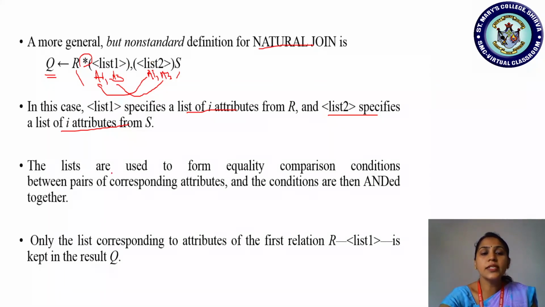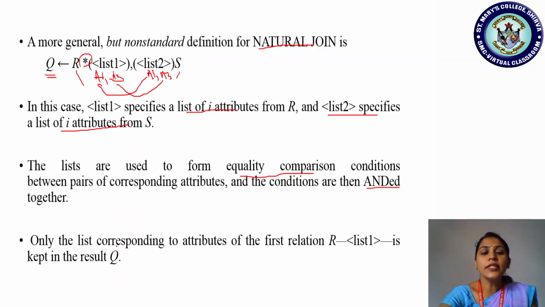Okay, so the lists are used to form equality comparison conditions between pairs of corresponding attributes, and the conditions are then ANDed together. ANDed together means both the attribute names in both the relations should match, and it should result as true only.